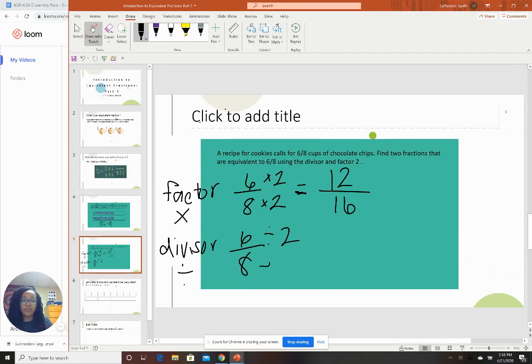Divide by 2, divide by 2. 6 divided by 2 is 3. 8 divided by 2 is 4. So she can also use 3/4 cups. And we know that 6/8 is equivalent to 3/4 by using the divisor 2, okay?